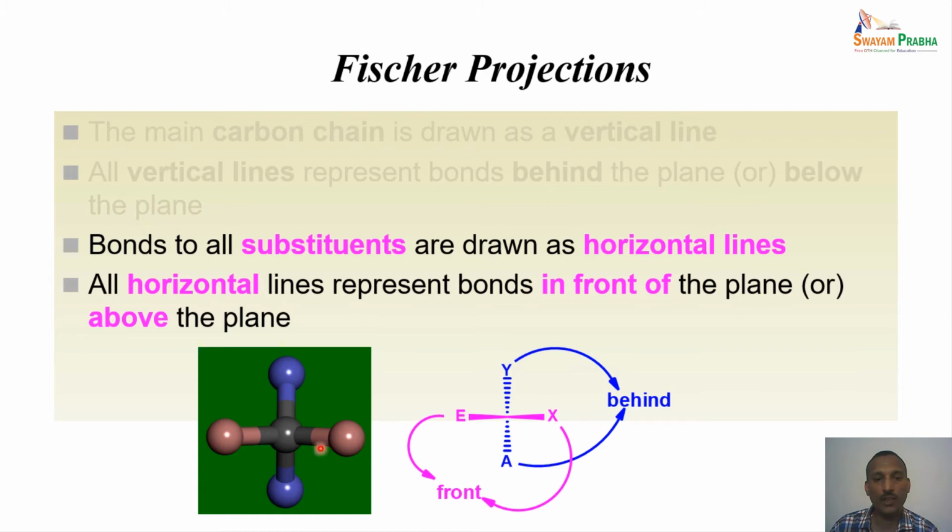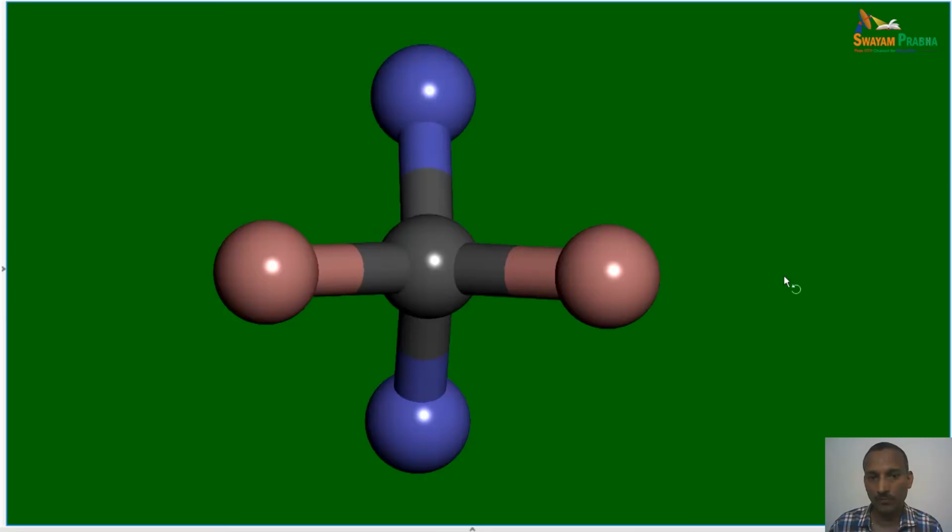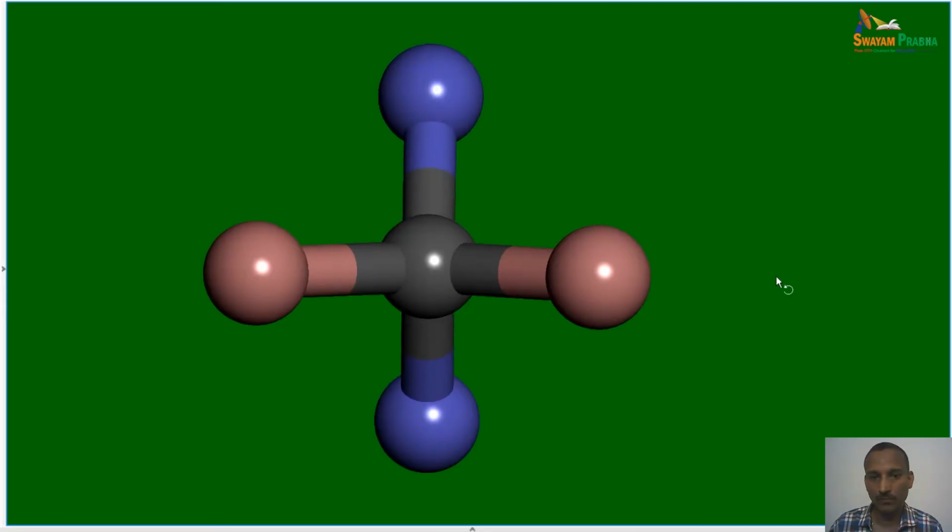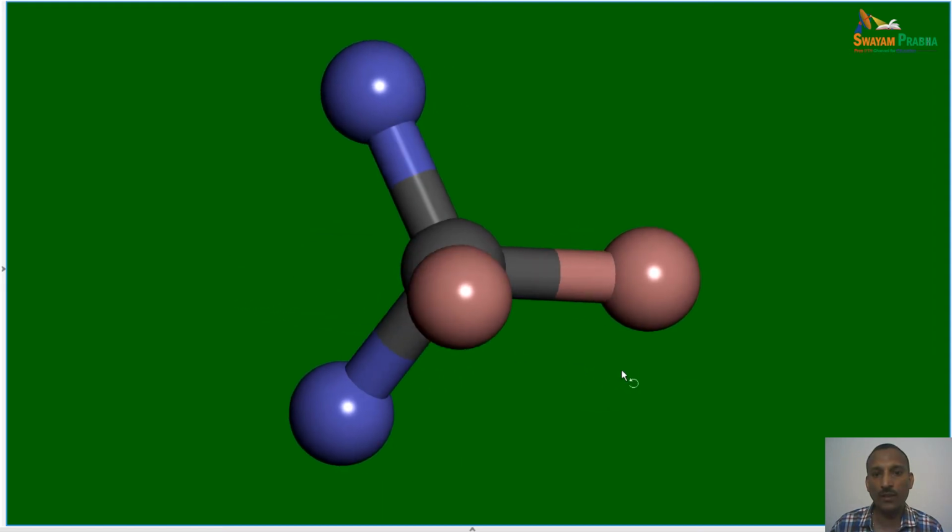Now we will see the three-dimensional representation for this molecule to see how it is actually done. This is the three-dimensional representation which we were discussing. The groups in the vertical line are pointing away from the observer. If I rotate the molecule, you can see that very carefully.